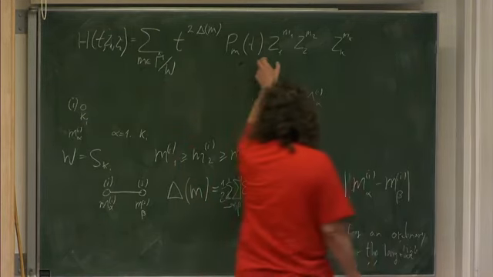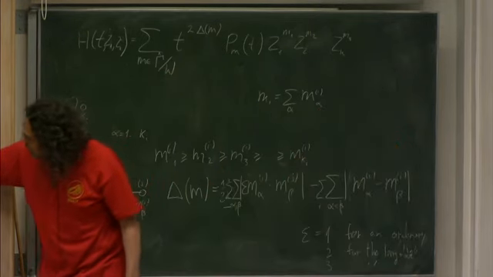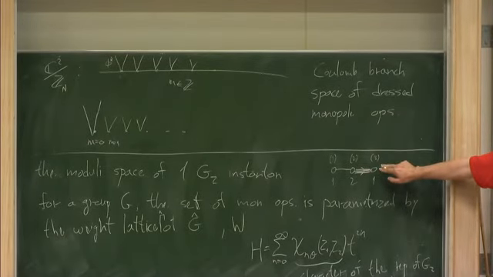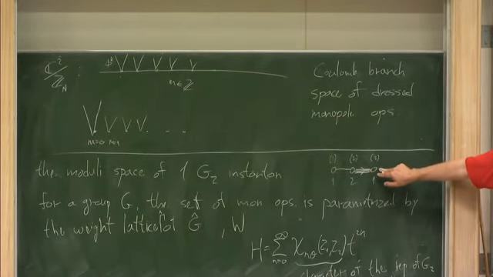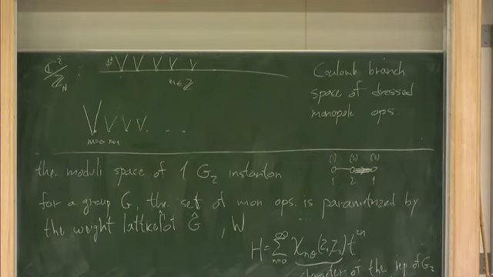Once I keep track of the magnetic charges of this node and of this node, this gives me a weight on the root lattice of G2 corresponding to the fundamental root, and M1 plus M2 for this node will give me the weight of the root lattice of G2 corresponding to the adjoint root.